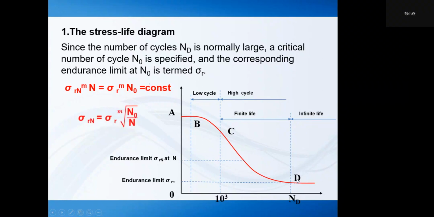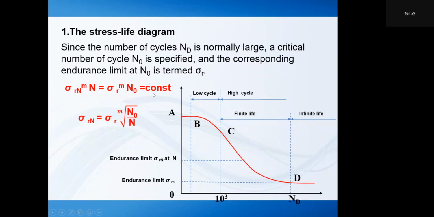And the corresponding endurance limit at N0 is termed sigma R. R is the stress ratio.